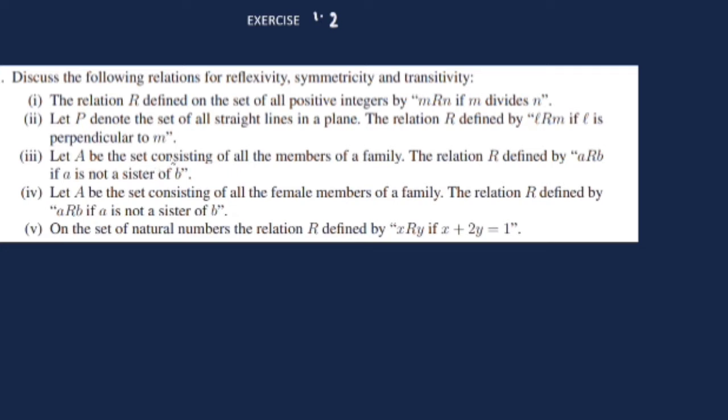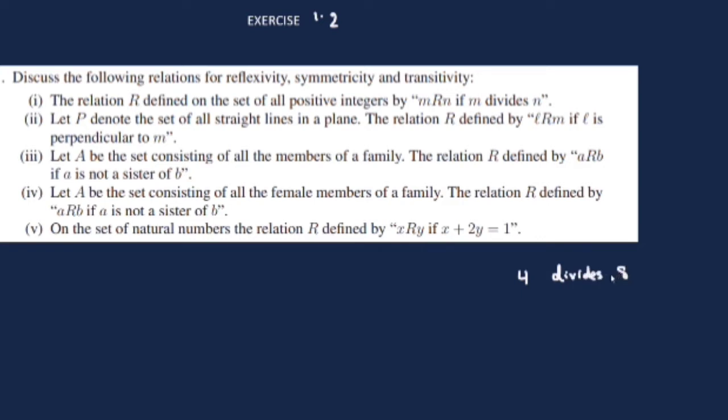The relation is defined on the set of all positive integers. MRN means M is related to N if M divides N. For example, 4 divides 8, right?